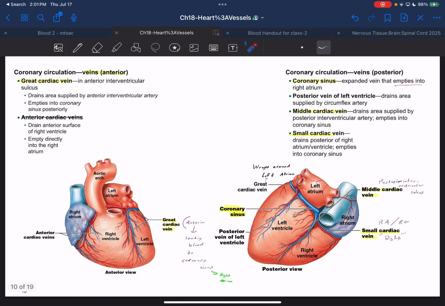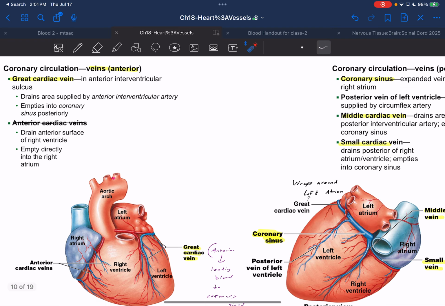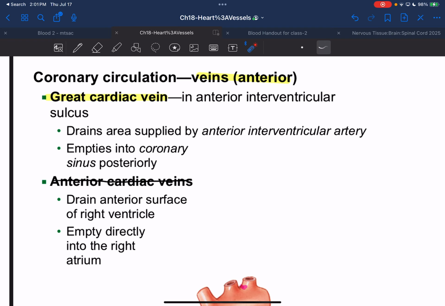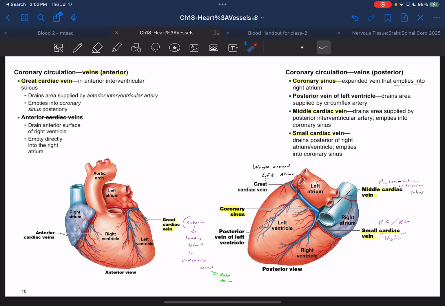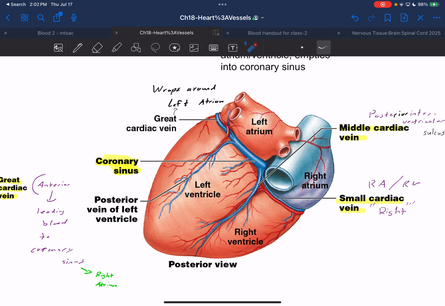Now with that, the veins are the opposite, right? If we're dealing with coronary circulation, now we saw how blood gets there. It got through the left and right coronary arteries and all their respective branches. But the veins now, their main job, and this is the big take home here, the main job of all these veins, the blue ones that you're seeing, their job is to draw blood into this coronary sinus.